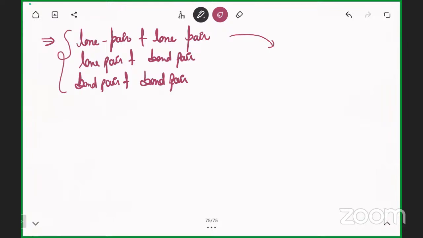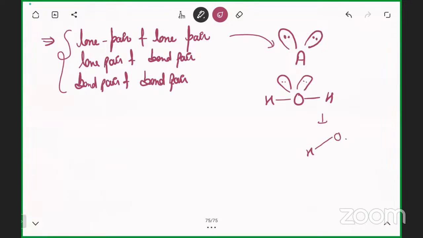But why? Just because the lone pairs are present on the same atom. For example, take the water molecule. It has two lone pairs. So that is why the water molecule is not straight; it has a bent kind of structure.